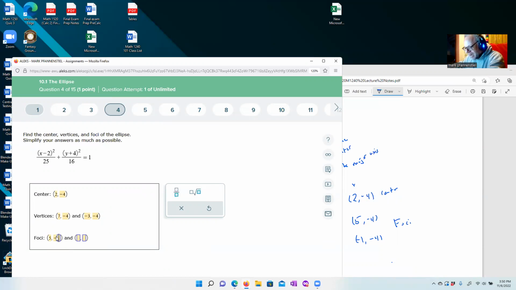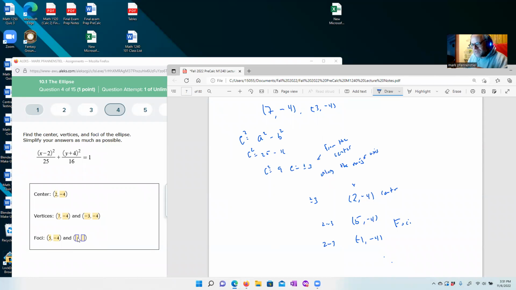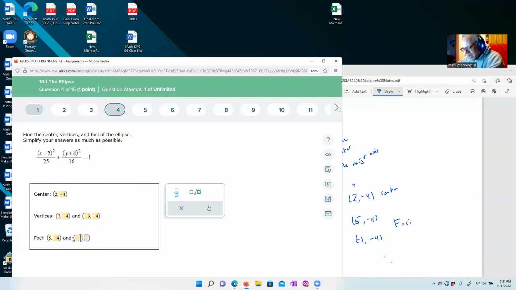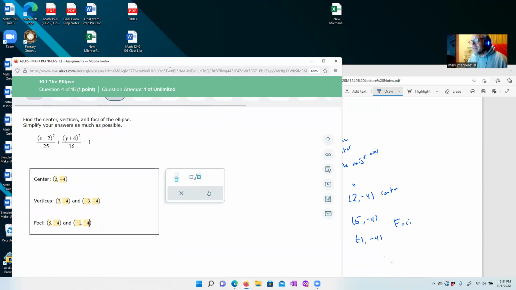Then we have minus 1, minus 4. Then we'll check that to make sure we got our green flag.